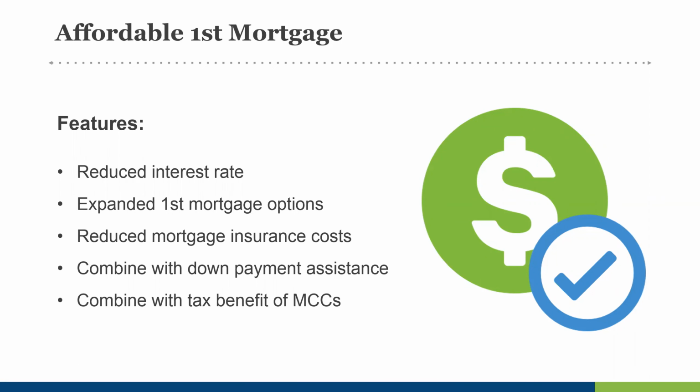For example, reduced interest rates, so below market interest rates on some of their programs. Expanded first mortgage options that can reduce mortgage insurance costs and offer higher loan to values, and often can be combined with down payment assistance programs, both from the state agency as well as potentially other local, municipal, or nonprofit DPA providers. And for those state agencies that have a mortgage credit certificate, they can be combined as well.